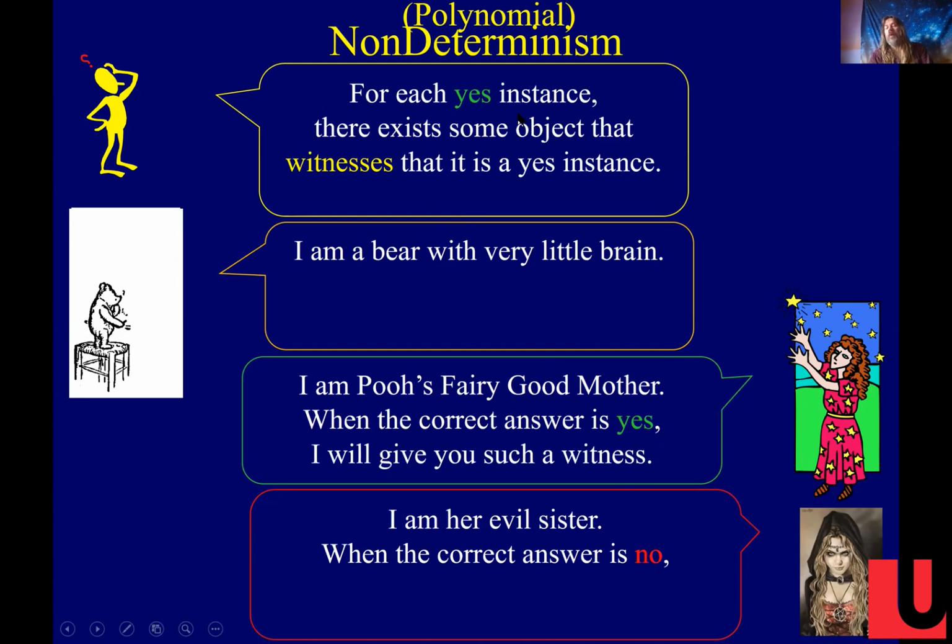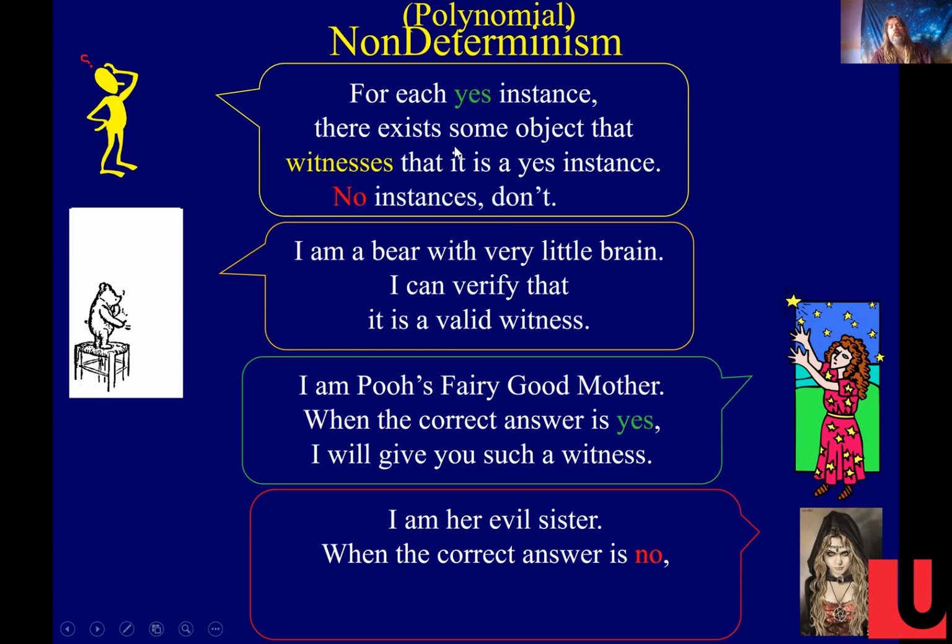She's going to provide that witness, right? And when Pooh Bear gets the witness, the solution, he can quickly verify that it is a good witness, and hence he knows it's a yes instance, right?